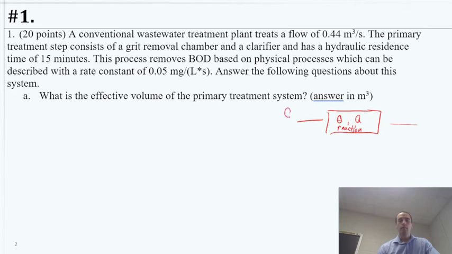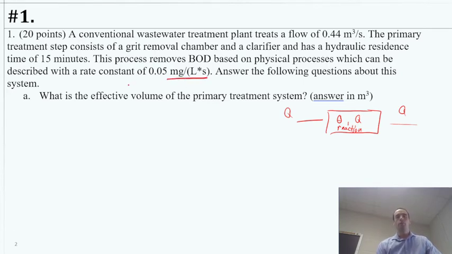And we have, of course, this flow going through. And if you think about what's going on with a grit removal chamber, it's just water flowing through something, removing stuff, right? And then the clarifier as well, it's just removing stuff. And so when I tell you it removes based on a physical process, which can be described with this rate constant, well, the first thing you ought to do is look at that rate constant and say, oh, we have some rate constant.